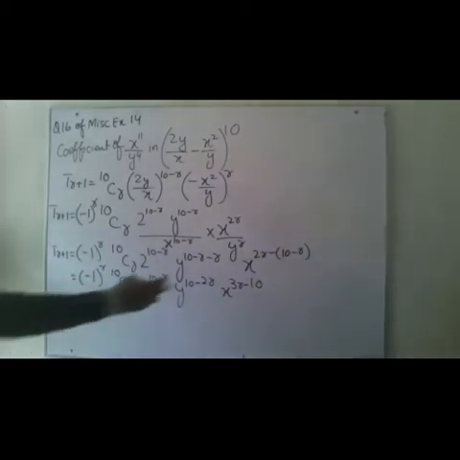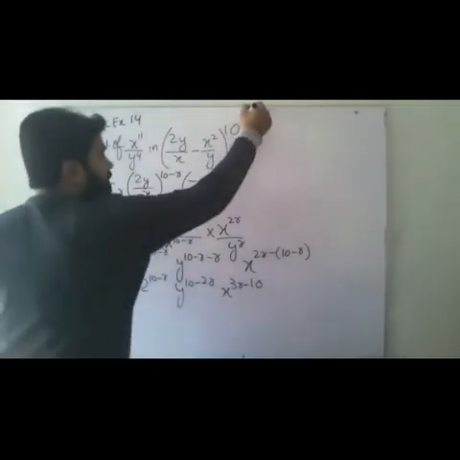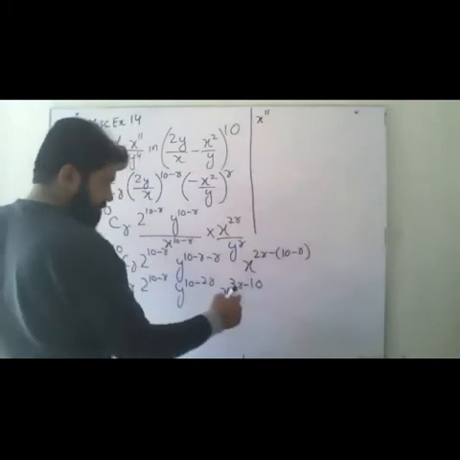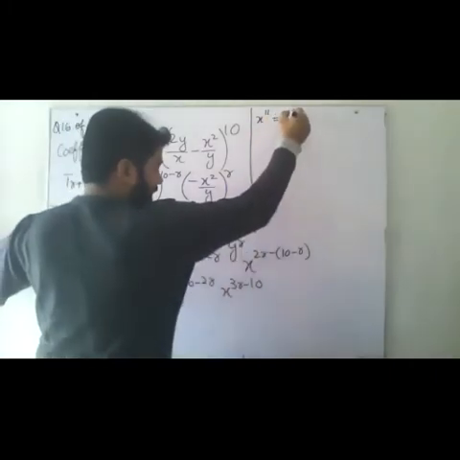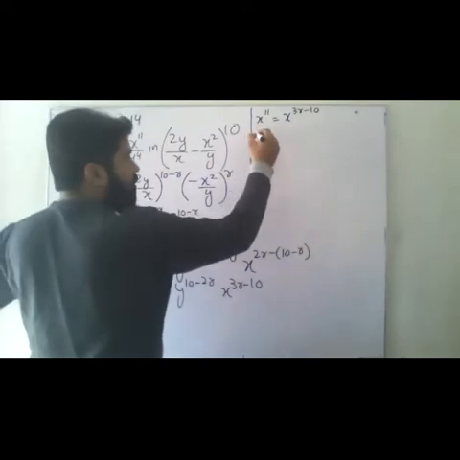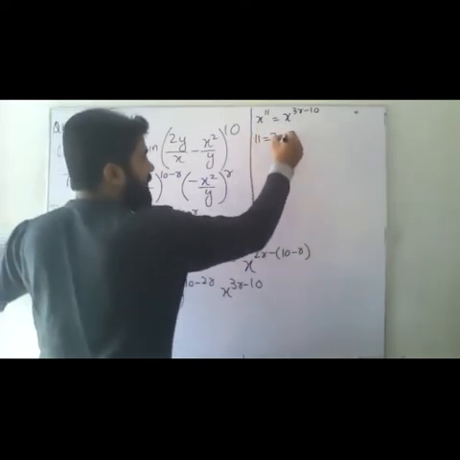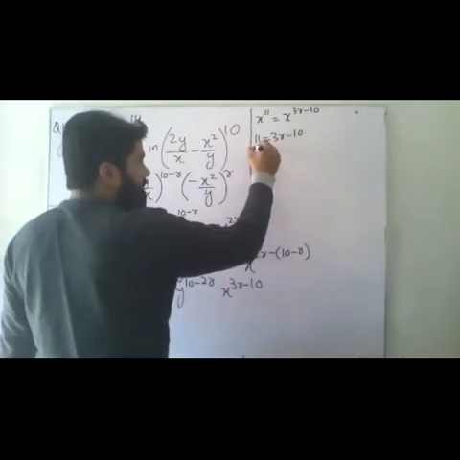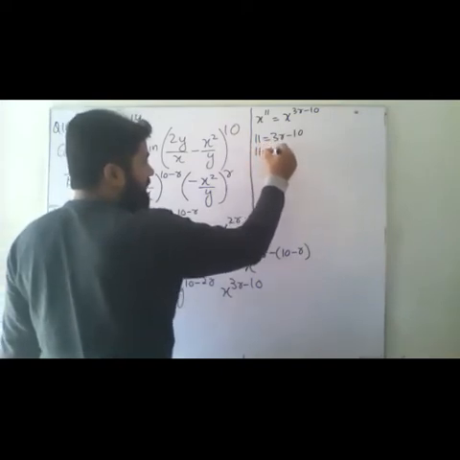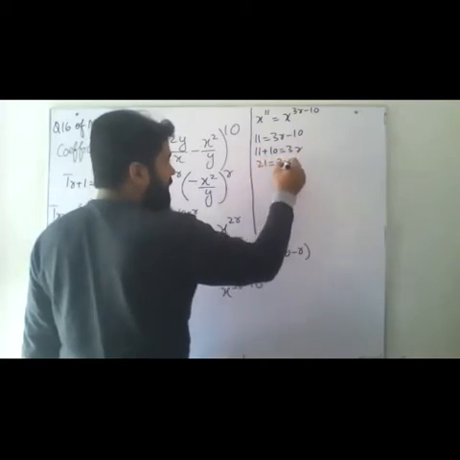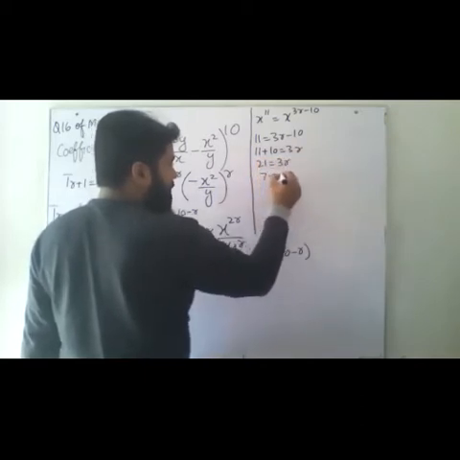First, x power 11 equals x power 3r minus 10, so 11 equals 3r minus 10. Shifting minus 10, 11 plus 10 equals 3r, 21 equals 3r, and r equals 7.